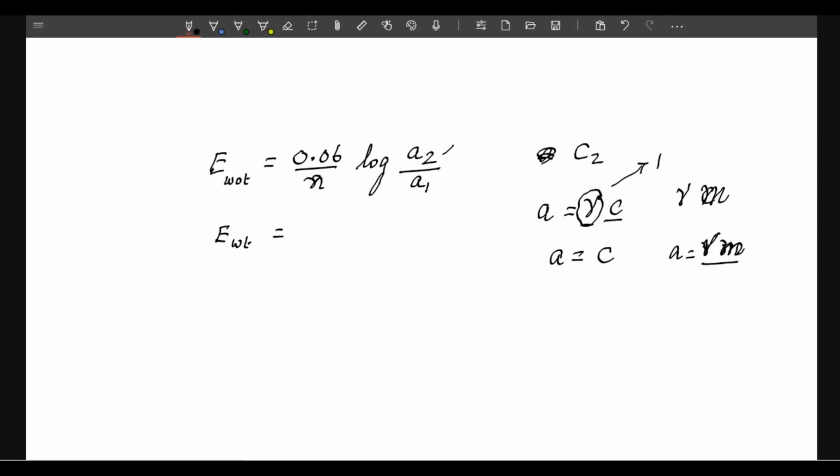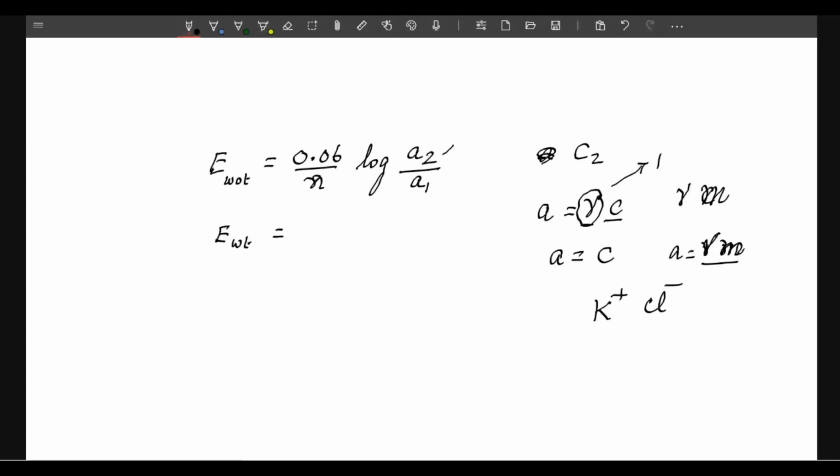Here, in the salt bridge, we have chosen the salt bridge ions such that the speeds of their mobility are all the same.